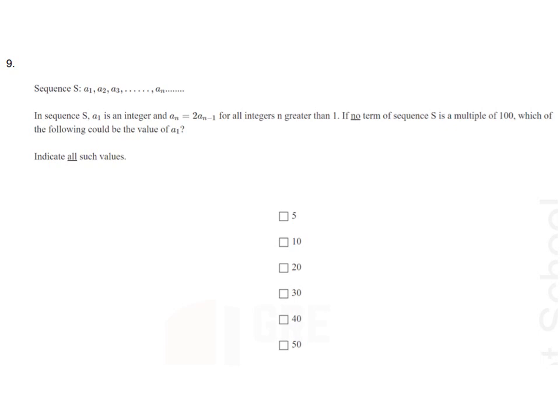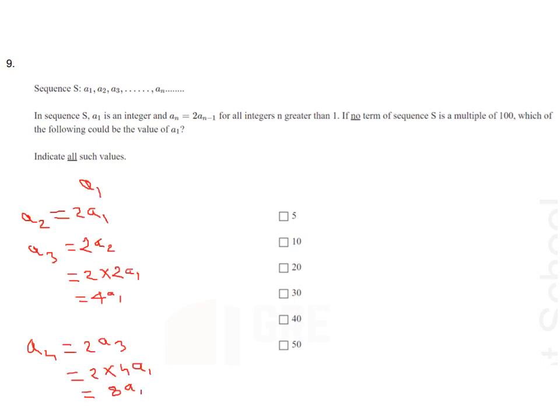So the condition is no term of the sequence is a multiple of 100. Okay, so a1 equals a1 and a2 equals 2a1 as given by the equation, and a3 will be 2a2, and a2 equals 2a1, so a3 equals 4a1. Similarly, a4 will be 8a1. So take each value and test the options.